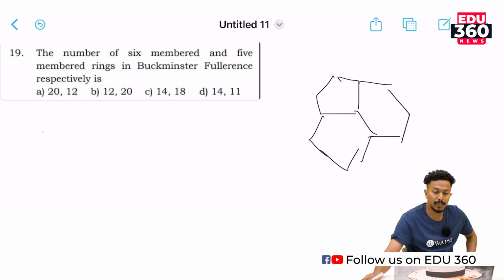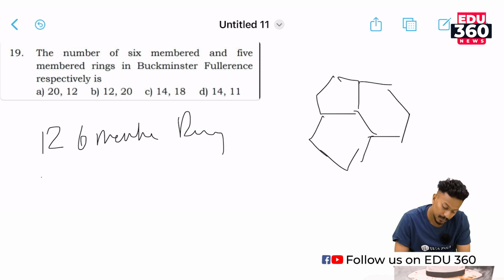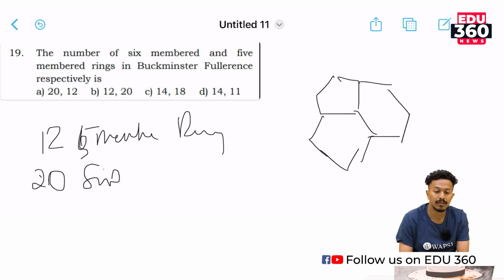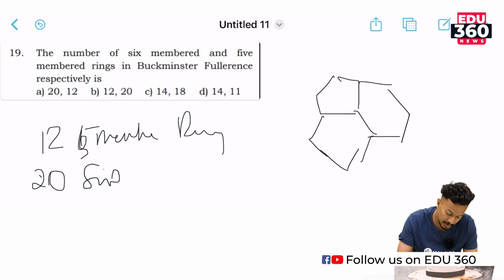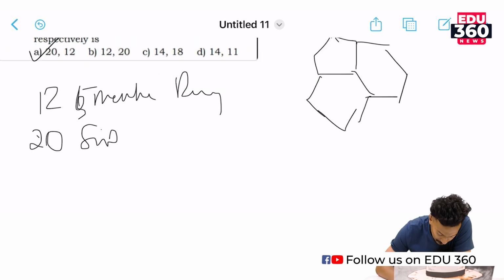So the correct option would be 12 5-membered and 20 6-membered carbon rings in Buckminster fullerene. So the option would be option number A. We will move on to our next question.